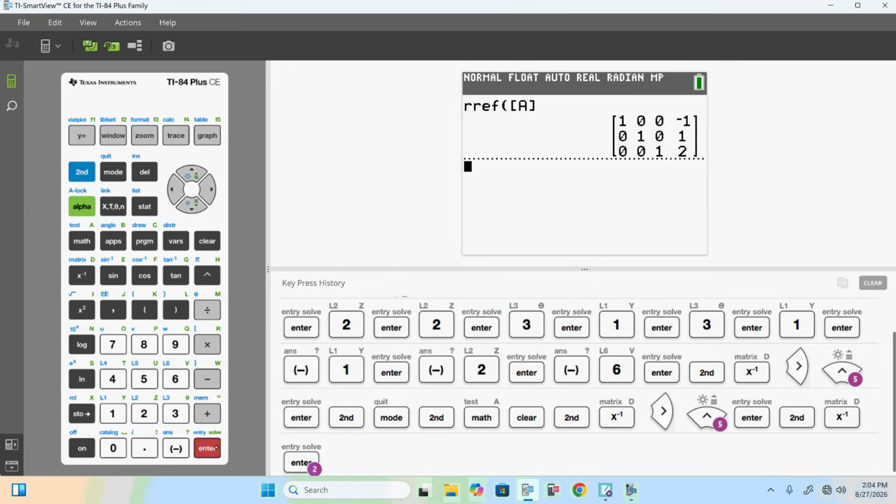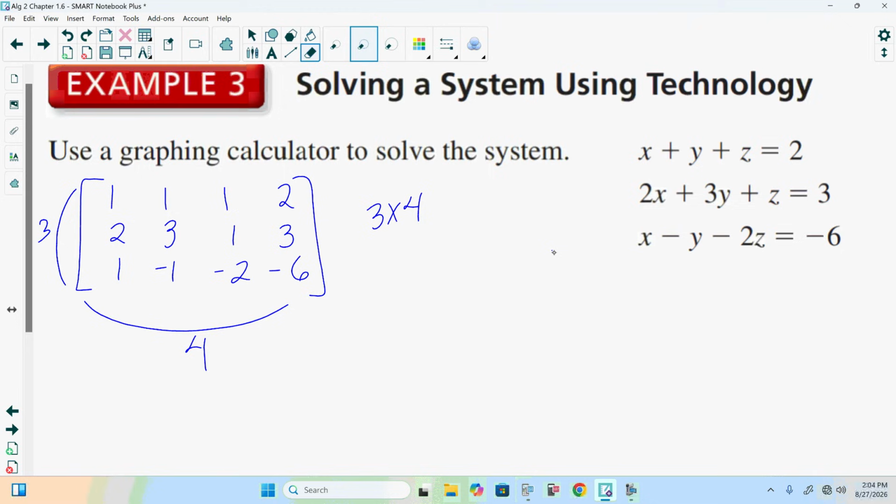That tells me the top number is X, the middle is Y, the bottom is Z in that last column: negative 1, 1, 2. So the solution to the system of equations is negative 1, 1, 2.